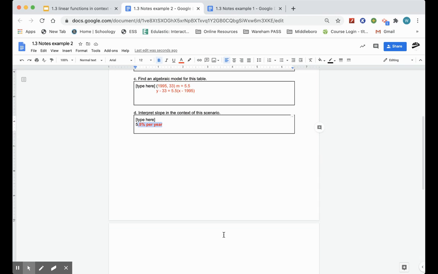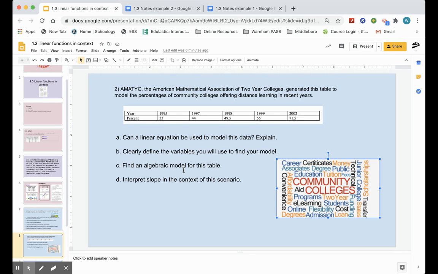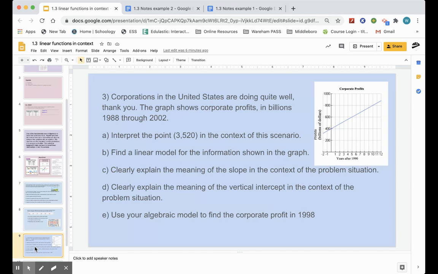Alrighty, so then the next thing we want to do is take a look at our last situation. If we go back to our Google Slides, again, we want to take a look at our cheat sheet that can help us. Our last situation: corporations in the United States are doing quite well, thank you.